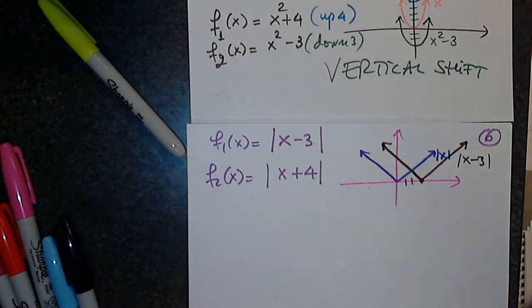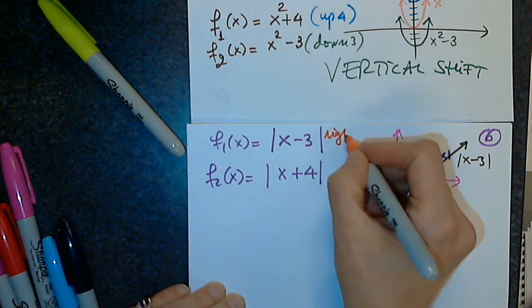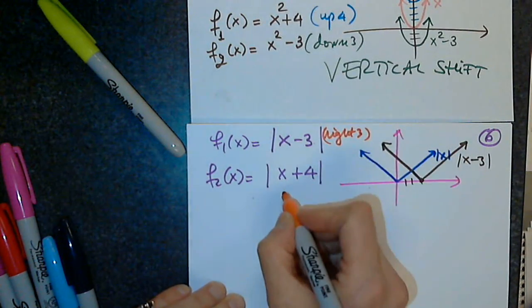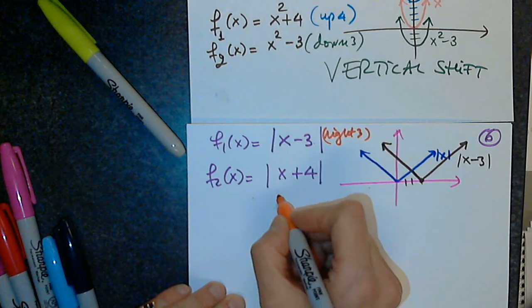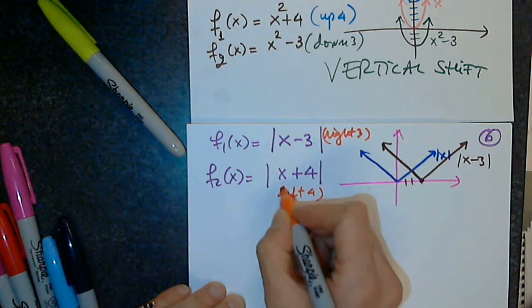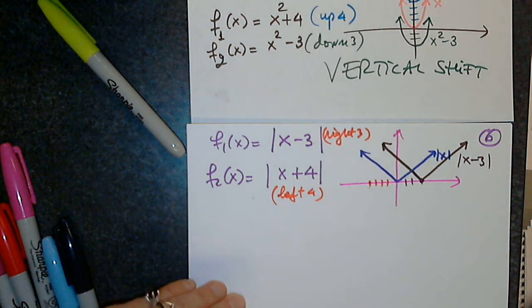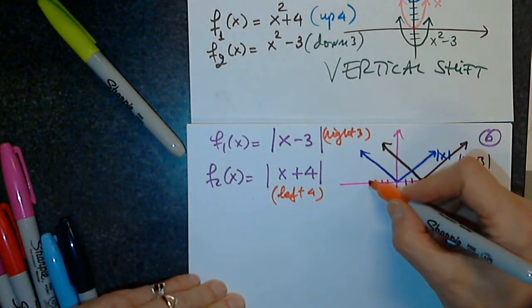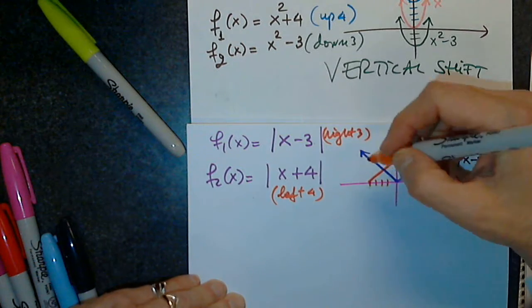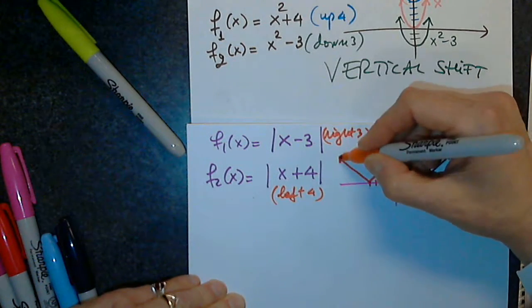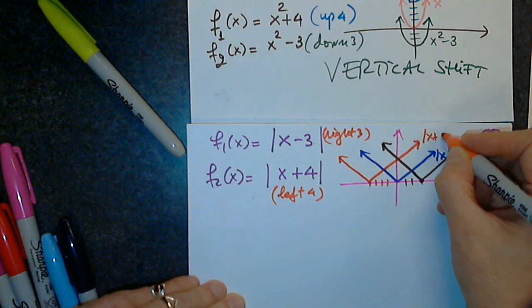Therefore, so let me write here, right 3. And here I should write left 4. So here's the graph. 1, 2, 3, 4, completely parallel to the blue graph. So the absolute value of x plus 4.